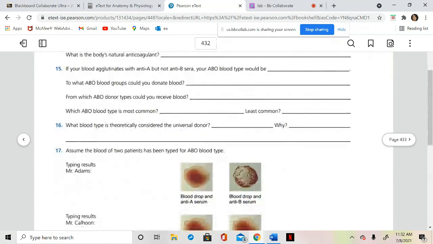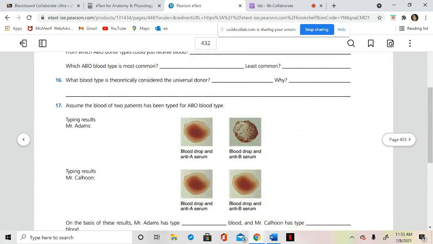So let's look at your first one, Mr. Adam. Mr. Adam, blood drop and antiserum A, no agglutination, but I saw an agglutination with the blood drop and antiserum B. All right.